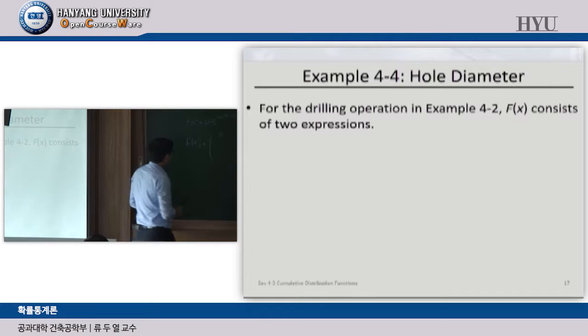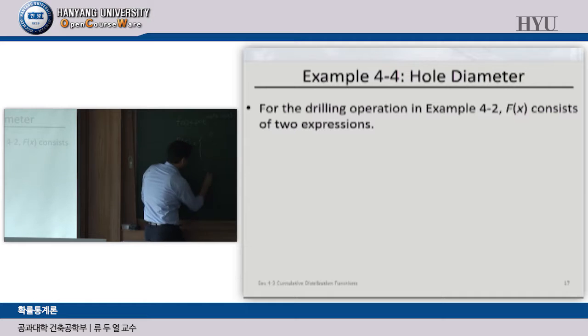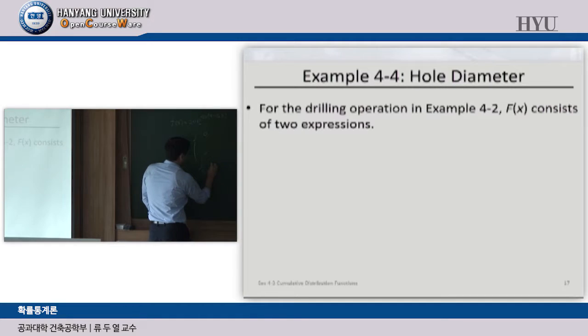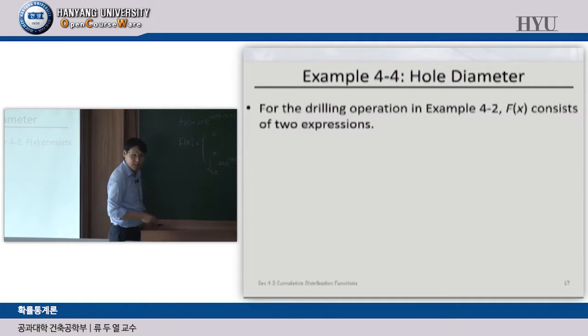And the other one can be obtained by the integration from 12.5 to x of 20 exponential minus 20 (x minus 12.5) when x is larger than or equal to 12.5, right?